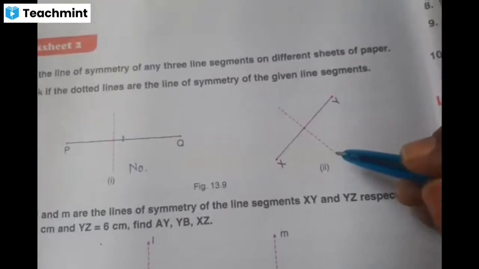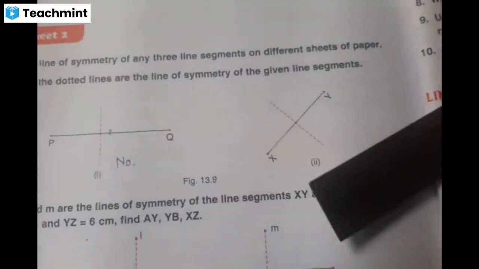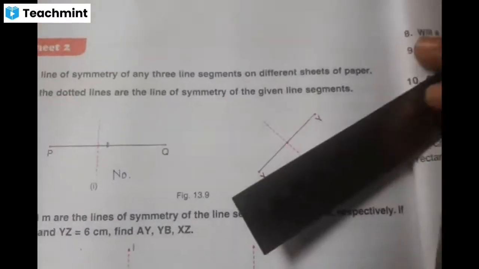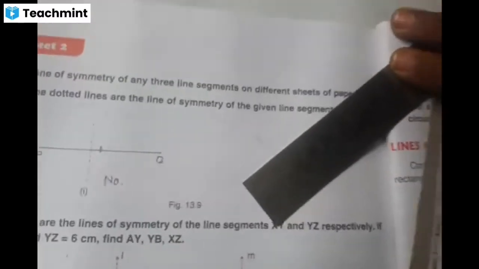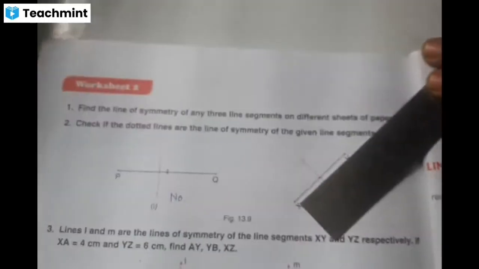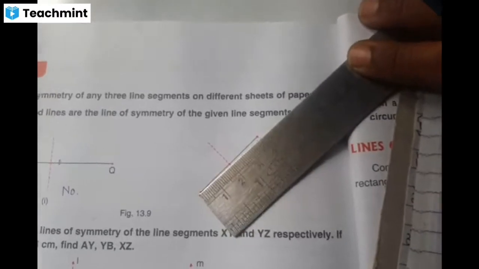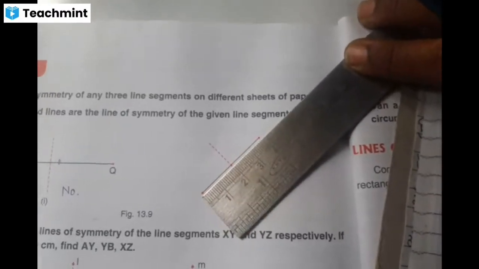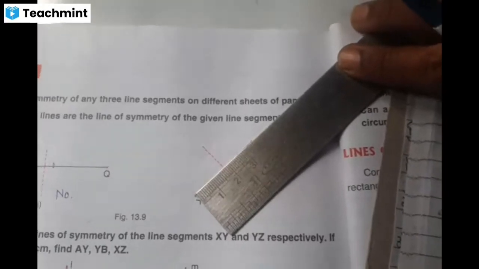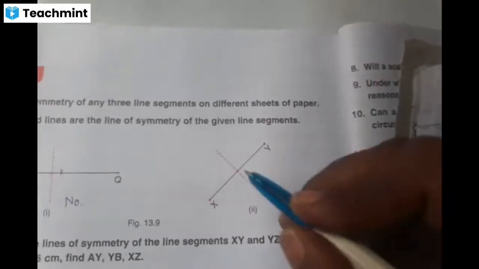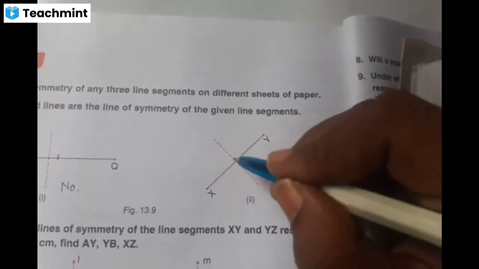But in case of the second figure, children, exactly in the middle, you can just observe and tell it, or by using the ruler also, we can say that, see, it is exactly in the middle. You can just observe it and say, children, that this is exactly in the middle.